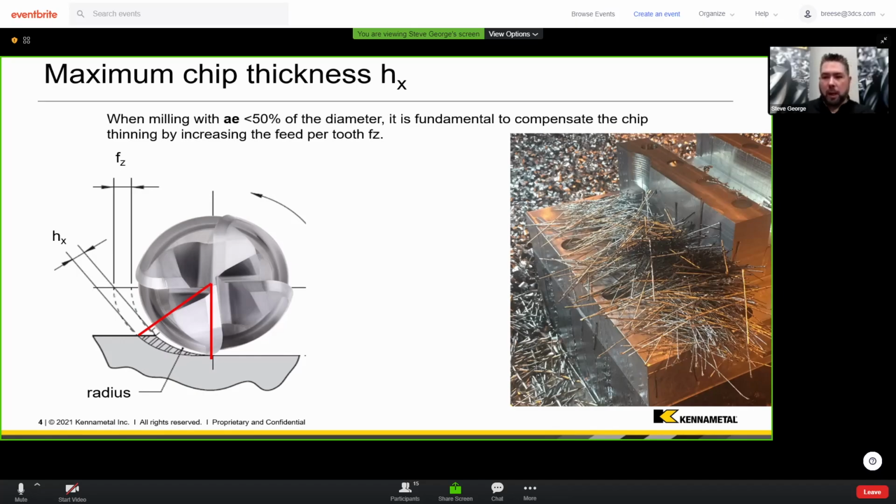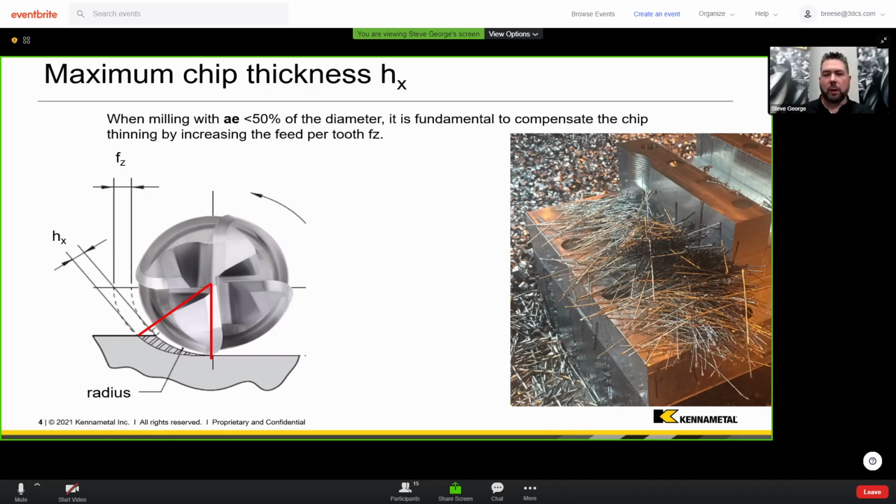But in those elastic and plastic sections, I'm generating a huge amount of heat. I'm doing a lot of work with very little benefit. And given the material type and properties, I could also be work hardening the surface. So that's something to keep in mind for why I would like to maximize that chip thickness if I can.